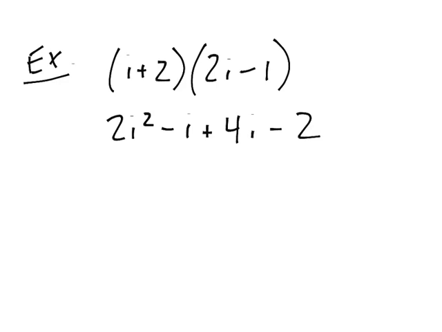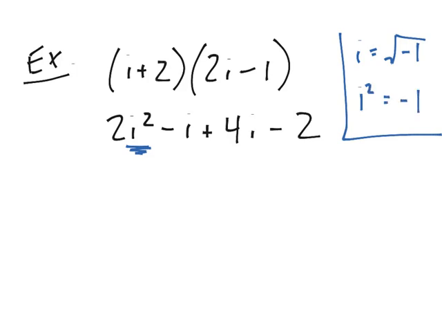Well, remember our rule that I equals the square root of negative 1? Right now we have I squared, so we want another rule that has something to do with I squared. If we square both sides of this rule right here, then we get I squared equals negative 1. And that actually holds true here. So whenever we see I squared, we can replace that with the number negative 1.